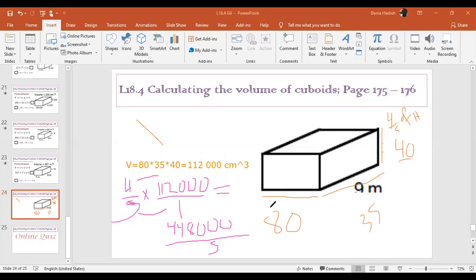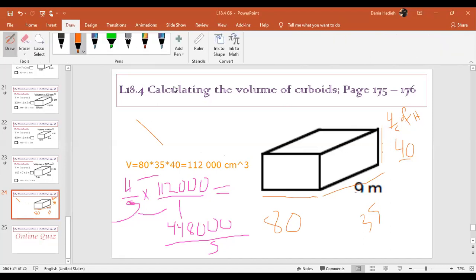I should simplify, so divide by 5. It will give you 89,600, which means this one here will actually be equal to 89,600 centimeter cubed.